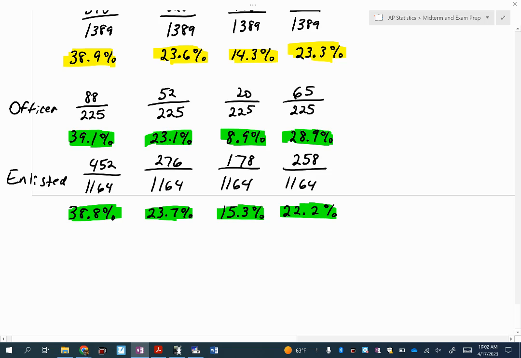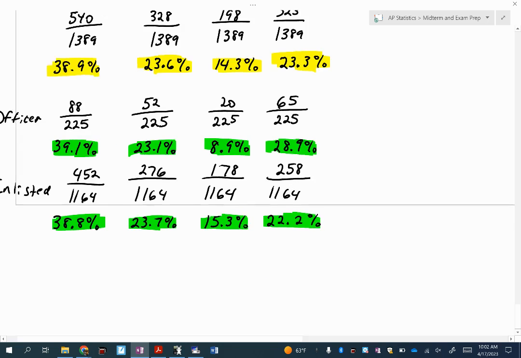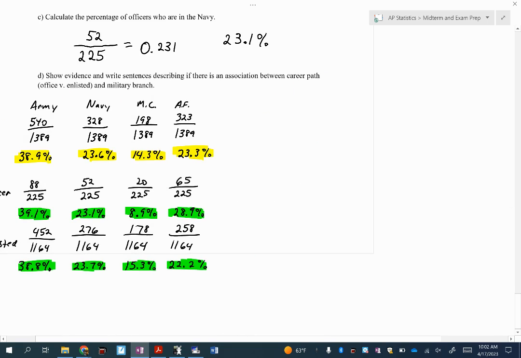Yes. But guys, unfortunately, it's not just enlisted, right? We have to include the officers. And when I see this, it looks like there's a higher percentage of officers in the Air Force and a lower percentage of officers in the Marine Corps than I was expecting to see. All right? So this right here is the issue that's causing there to be a relationship. All right? So I'll write some sentences now, and we'll be done.